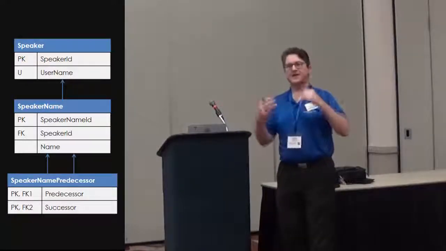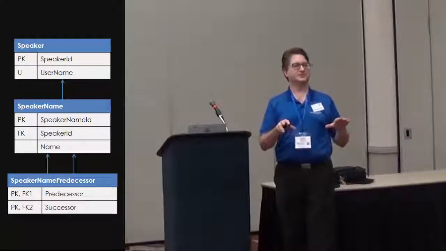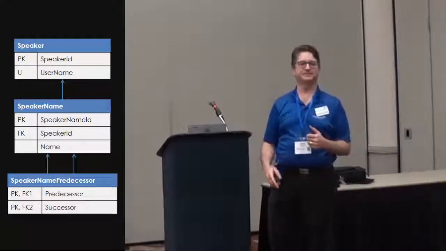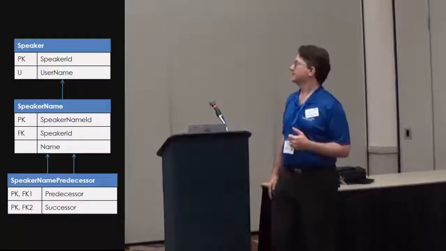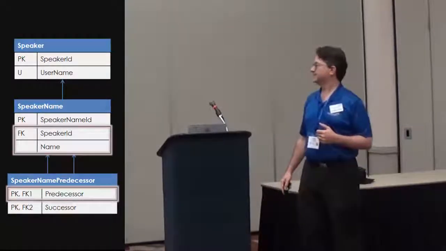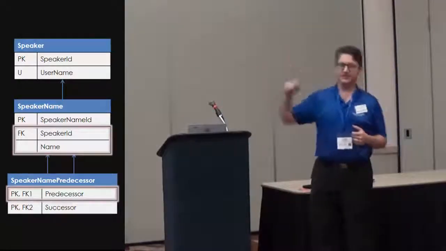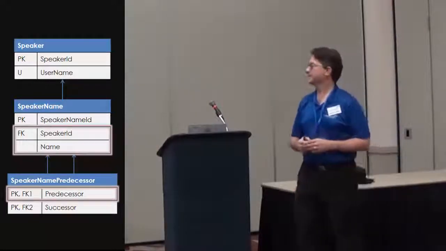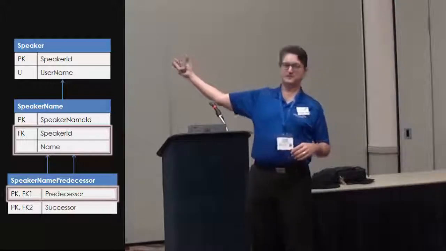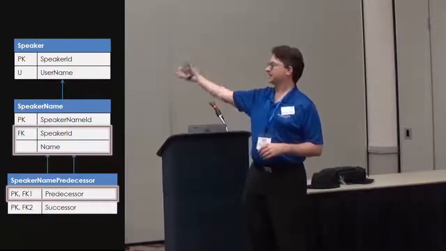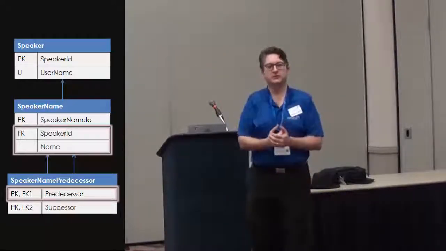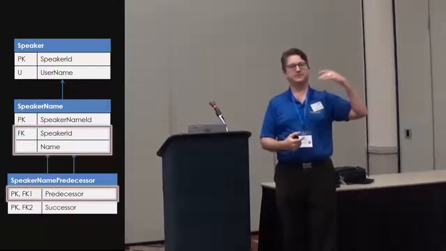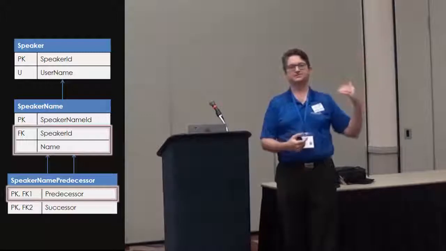It's the name that has no successors. Nothing else has claimed it as a predecessor. So in order to identify a particular version of speaker name, I've got the speaker, I've got which name I changed it to, and I've got the list of all of the predecessors. What did it change from?